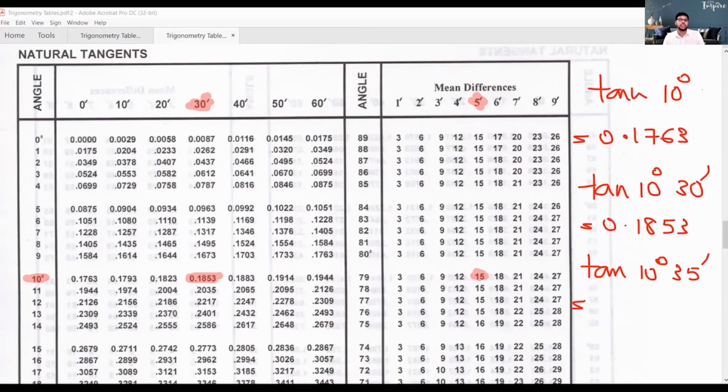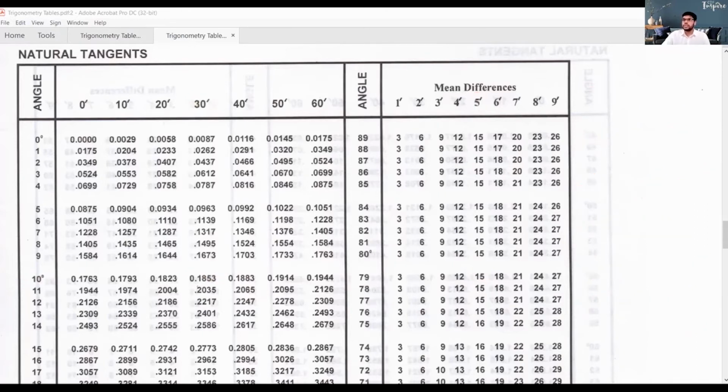Only for cos you subtract the value, right? So to 1853 you have to add 15, children. So that gives you 1868, right? 0.1868 is going to be our value for tan 10 degrees and 35 minutes. So children, now I hope that it's clear how you should read this table.